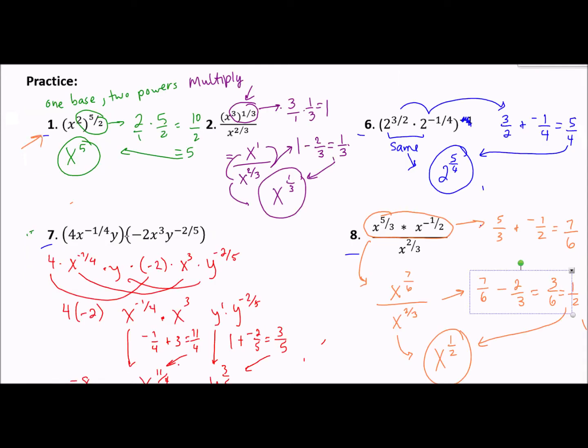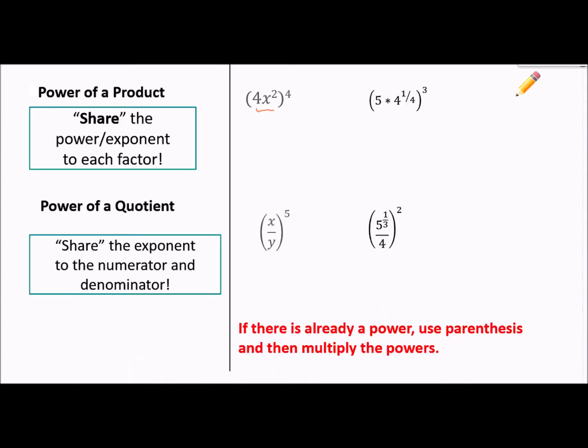This is when there's multiple things inside that set of parentheses, like this right here. There's a 4 and an x squared. Now this 4 technically has its own power. So what happens for this rule is that everybody gets to be raised to the 4th power. So it would be 4 to the 4th power, and then x squared to the 4th power.